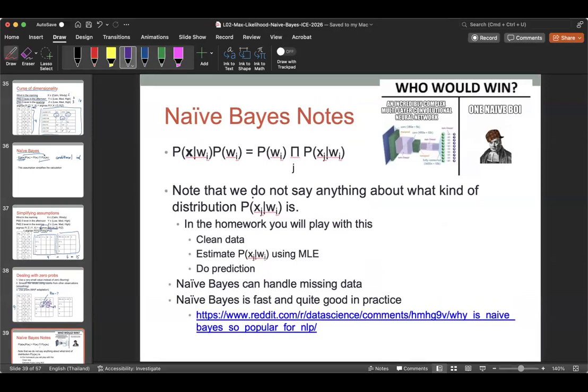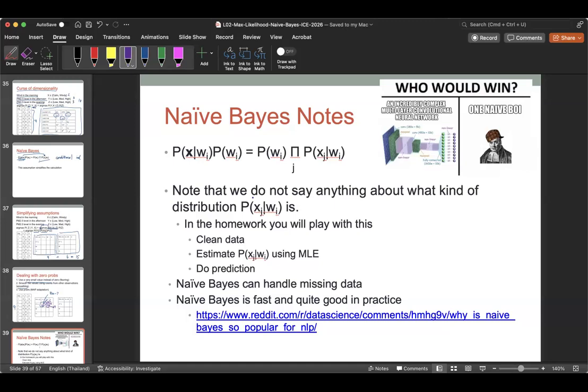So in summary, we just talked about a model called naive Bayes. Naive Bayes is just a Bayes classifier, which just compares the probability of two distributions, like class 1, class 2, which one is higher, and you pick that one.